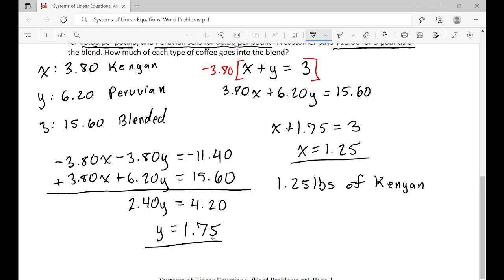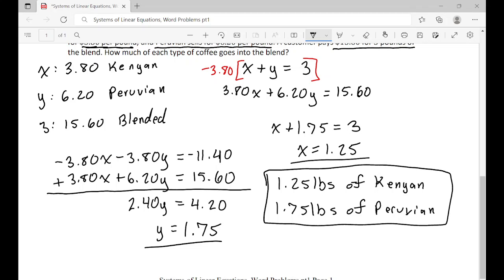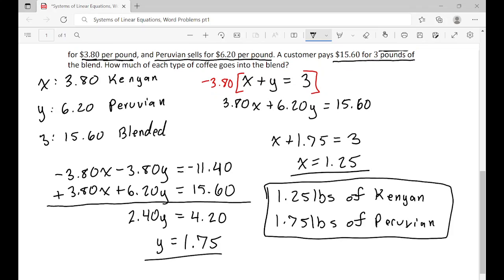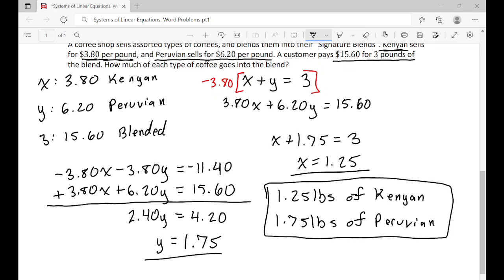And 1.75 is for y, which is the Peruvian, so I can say I need 1.75 pounds of Peruvian. I forgot how to spell it for a second. There we go. And that's how you would answer the question in the context of what's being asked of you.